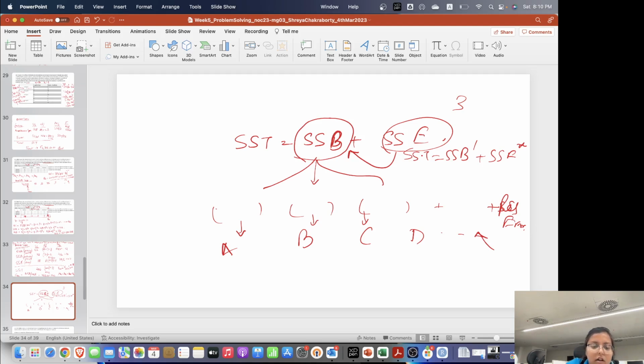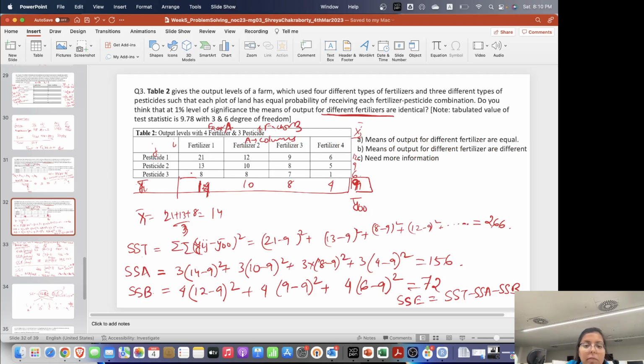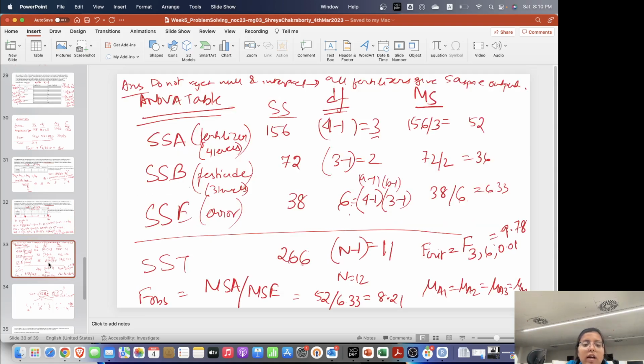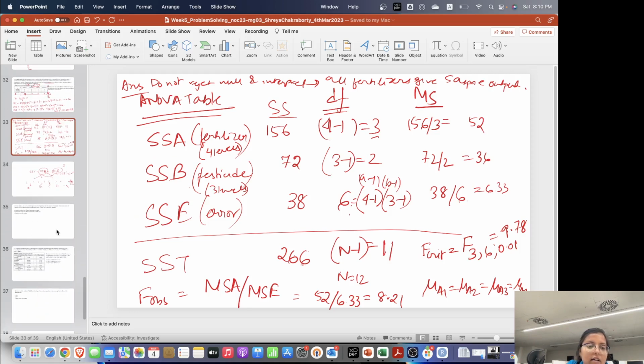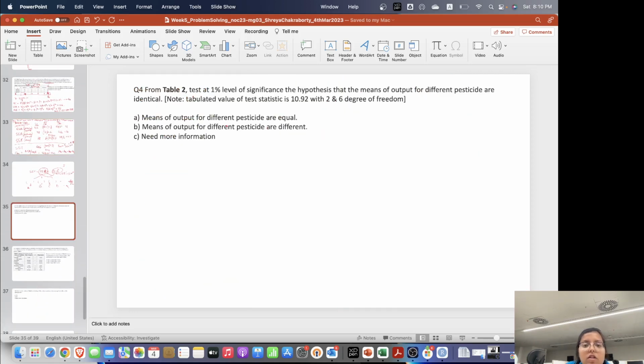Similarly, for this test, if you are asked to compare whether the pesticides are equal or not, we are going to take a decision based on MSB by MSC. For testing that the means of output of pesticides are equal, we will test MSB by MSC.